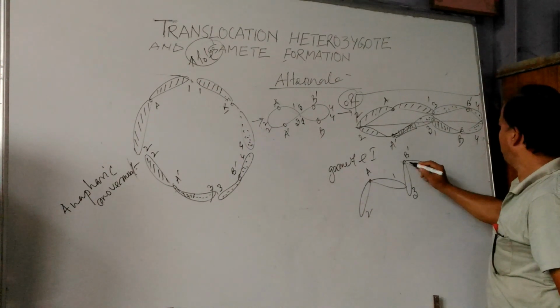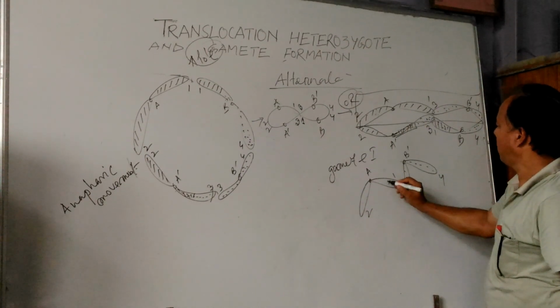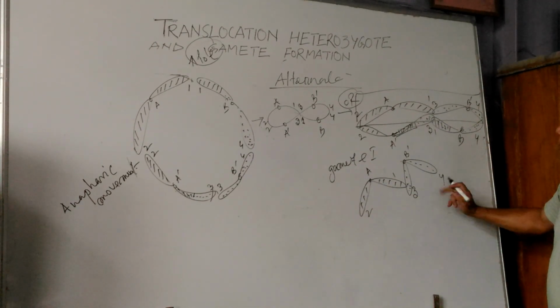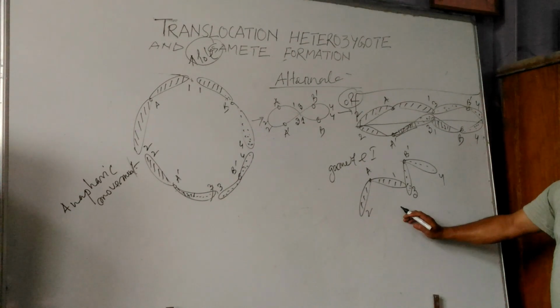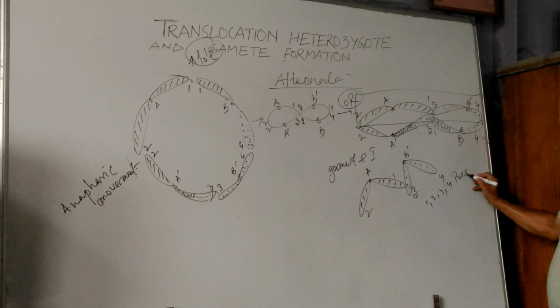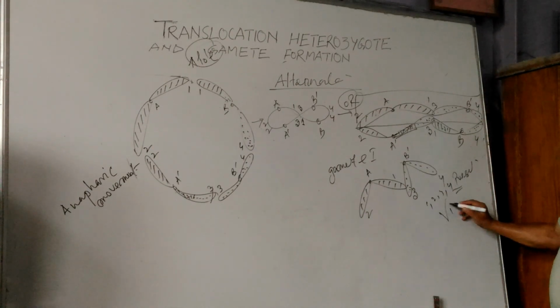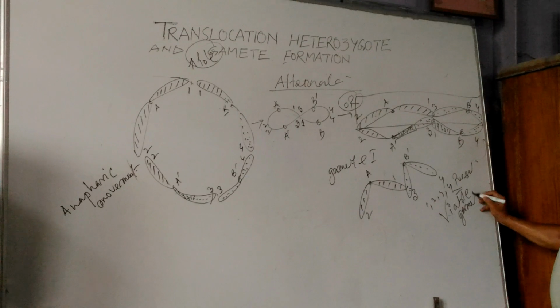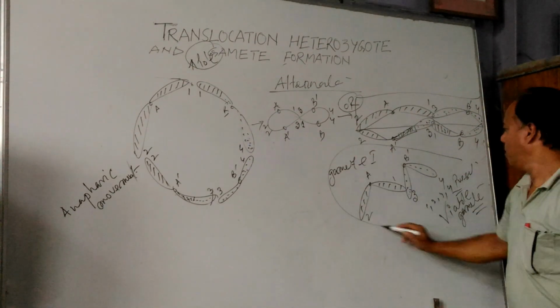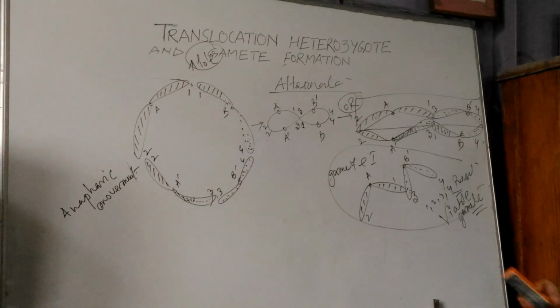There is no duplication as well as no deletion. Hence, these chromosomes are viable, and at the same time the viable gamete is formed. This one is the viable gamete.